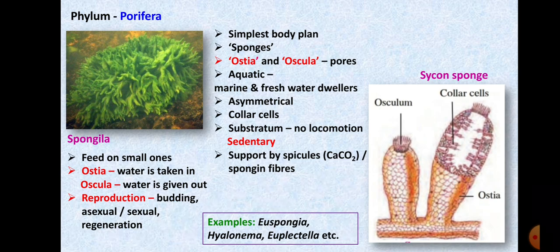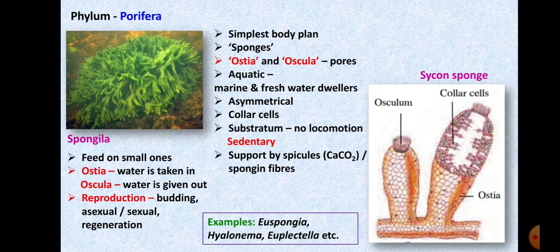Clear? You will have to remember the diagrams in your mind. You can also practice them regularly along with the labeling, that will help you to remember. Now ostia and oscula. These animals of Porifera are aquatic, that means you will find them in water bodies.